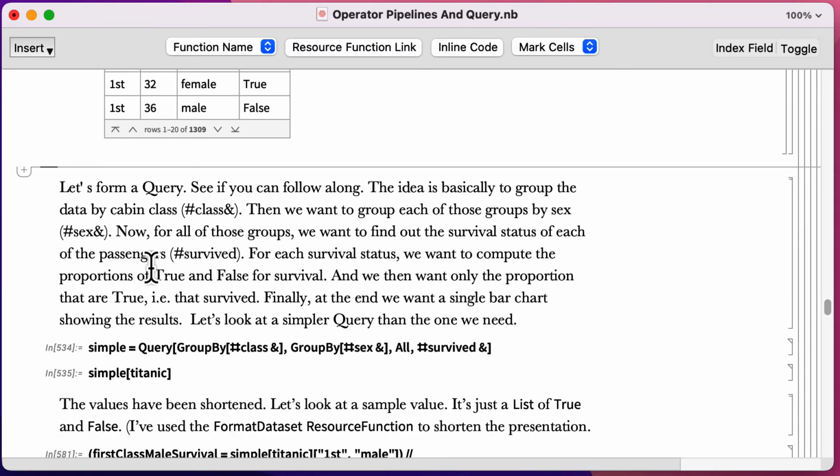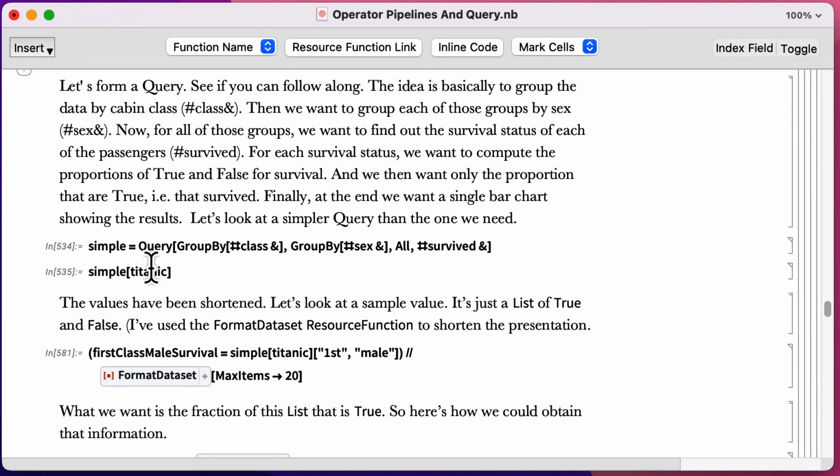All right, so let's form a query that's going to make this bar chart. And let's start simple, okay? So what we want to do is first we'll group by class, and then within each class we'll group by sex. And then for all of the sex groupings, we will get information on survival of each person.